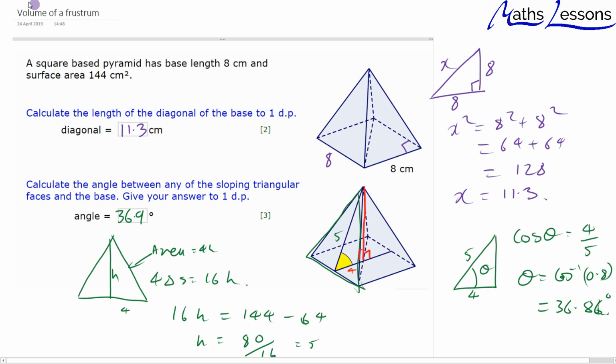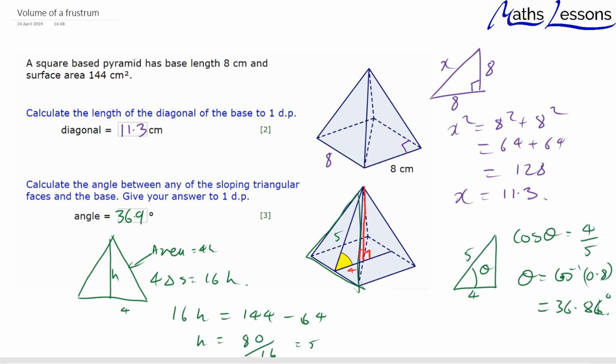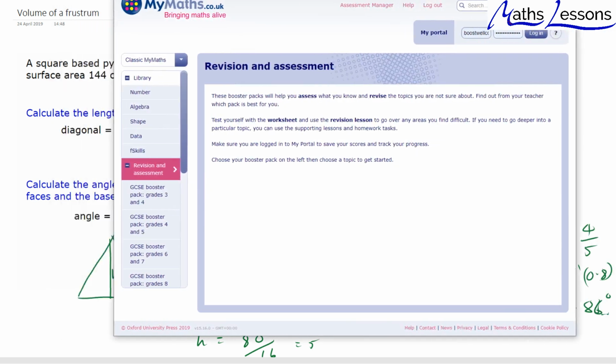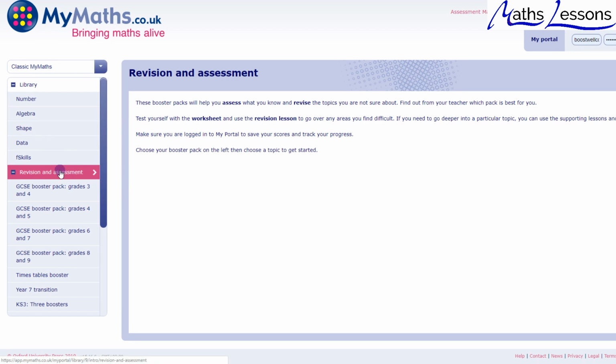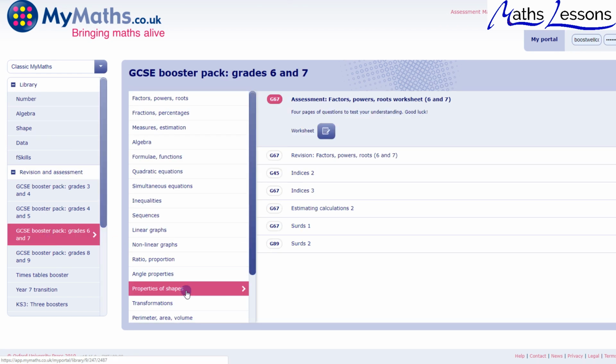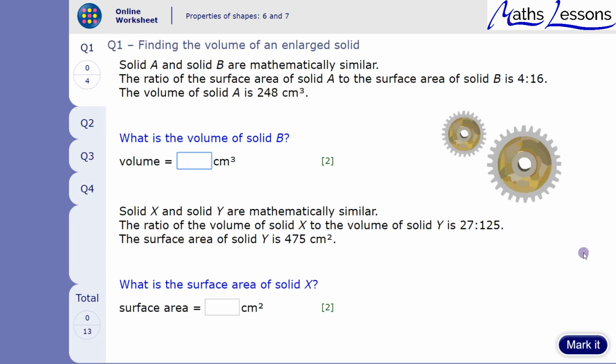Okay, now if you found any of those a bit tricky, you ought to go and practice them some more. And remember, they're all in My Maths. So if you've got a subscription to My Maths, you go into My Maths Revision Assessment. These are the booster 6 to 7s, and I think this is the properties of shapes. You can just do them for practice.